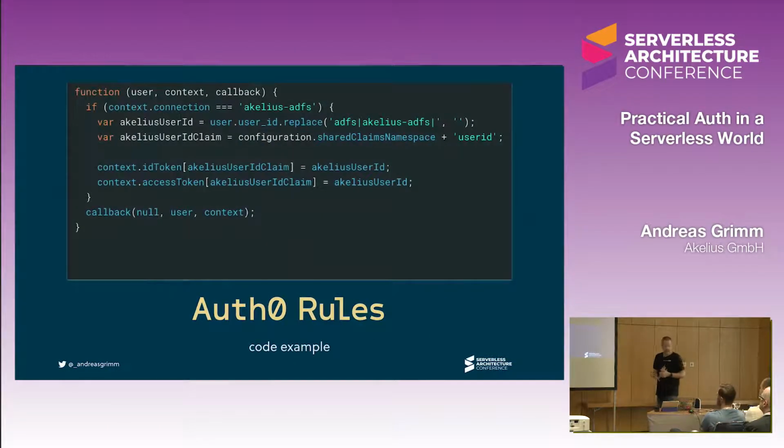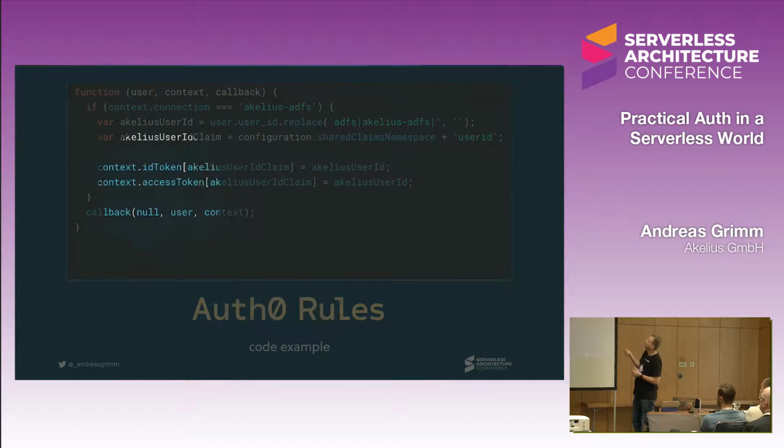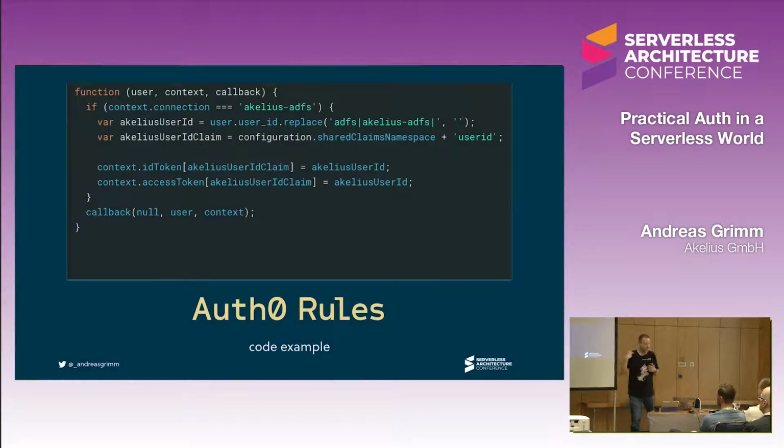This is a really simple example here where, if you look at it, we have this user ID called our Achilles user ID, and Auth0 adds this prefix here depending on the connection that we use. And we want to strip that away to make it just slightly more convenient to consume by all the apps.